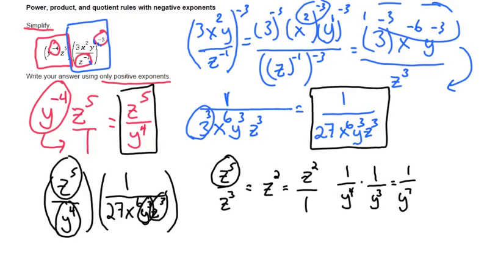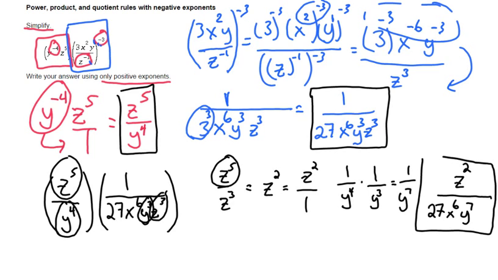My final result then is going to be, in the numerator I have z to the second power, and in the denominator I have 27 x to the sixth. There's nothing to combine with the x's. My y to the third is now y to the seventh. And then my z cubed canceled out with my z to the fifth, leaving z squared up there in the numerator, so that is my answer. And notice everything has a positive exponent.